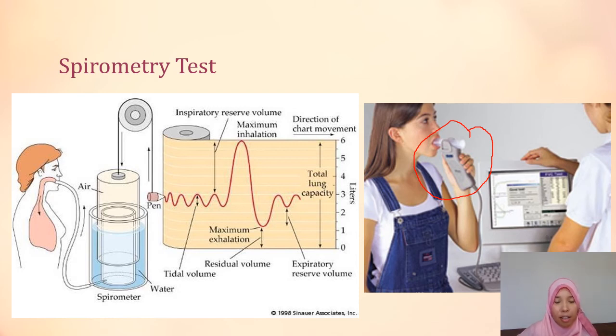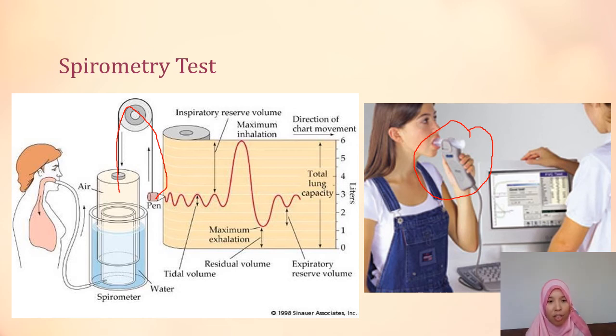And then the principle behind this spirometry test is that as you blow air into this spirometer, this air will cause the movement of this spirometer, and this pushes the pen over here, but actually now it's computerized.